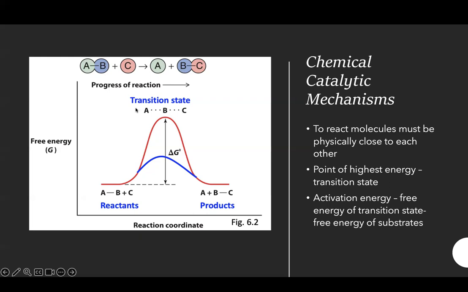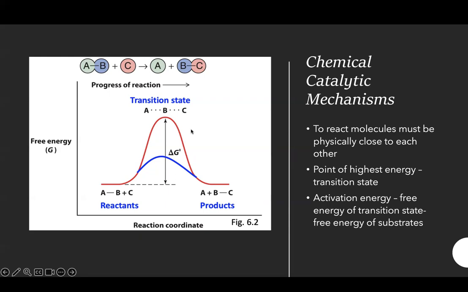So it doesn't matter if the products have less energy than the reactants and the reaction itself is exothermic or thermodynamically favorable. We still have this little bump that we need to overcome for a reaction to happen, which is then called the activation energy. So the free energy of the transition state minus the free energy of the substrate. So this would be the activation energy that we need to overcome.